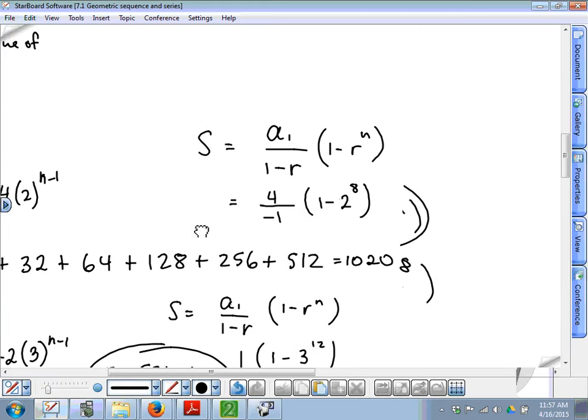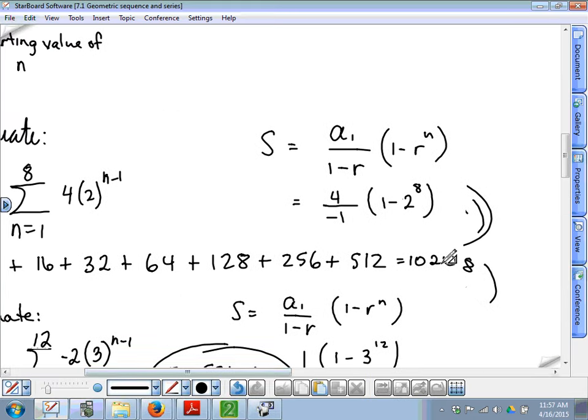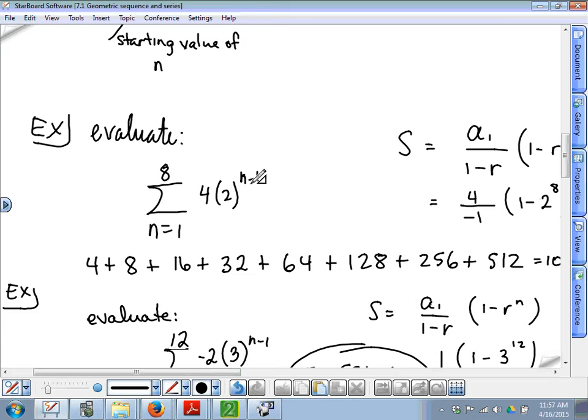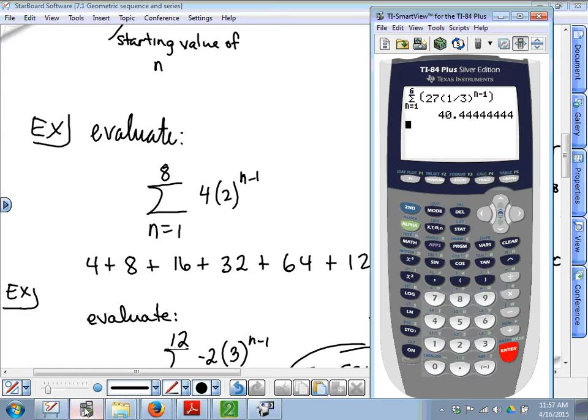Go back to this problem here that we already know the sum. The problem we started with, 4 times 2 to the n minus 1. If you do another summation, starting with n equals 1 to 8 of 4 times 2 to the n minus 1.